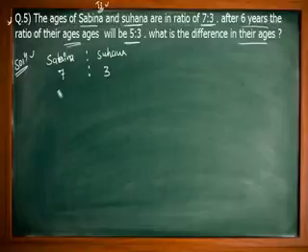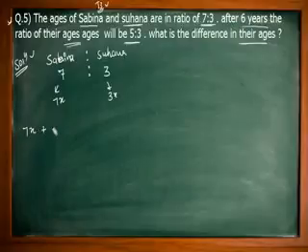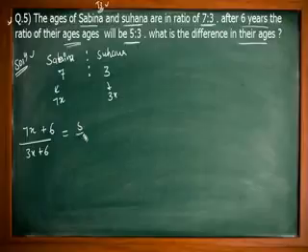Let us assume that is 7x and 3x. After 6 years, same as previous, 7x plus 6 divided by 3x plus 6 will be equal to 5:3. So cross multiply and you will get the value of x, that is 2.